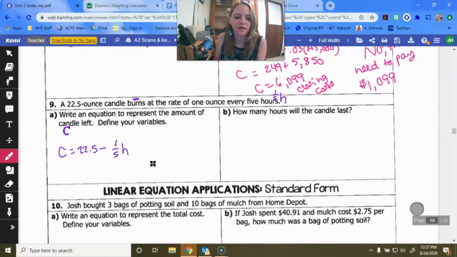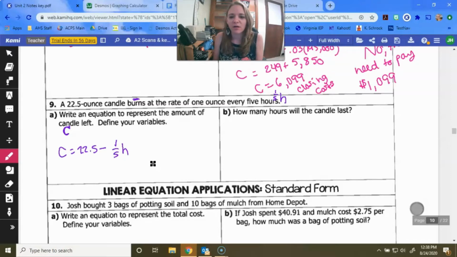To kind of illustrate this on one level, let's substitute in a number. Let's pretend, because one is easy, I'm going to burn the candle for 1 hour. Actually, it says 5 hours, so I'm changing that. What if I burn it for 5 hours? That's the 1 ounce.